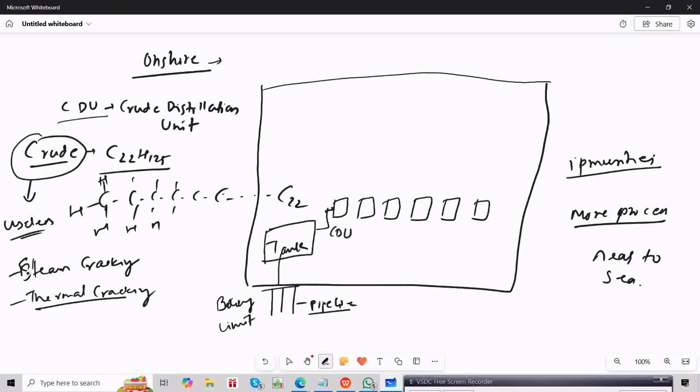The fundamental of this is to give heat to crude.